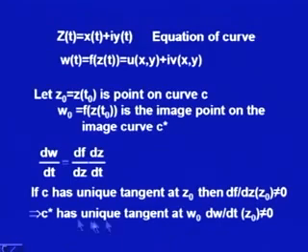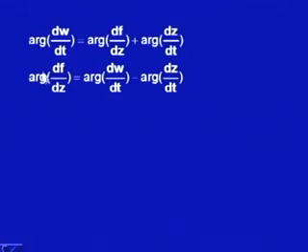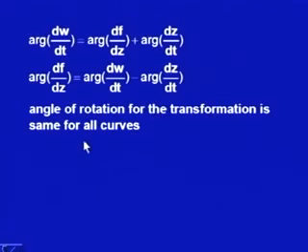So, C star also has a unique tangent at w0, and from here we can find that the argument of dw by dt is the argument of df by dz plus the argument of dz by dt, which simplifies to: the argument of df by dz is equal to the argument of dw by dt minus the argument of dz by dt. And this means the angle of rotation for the transformation is the same for all curves.